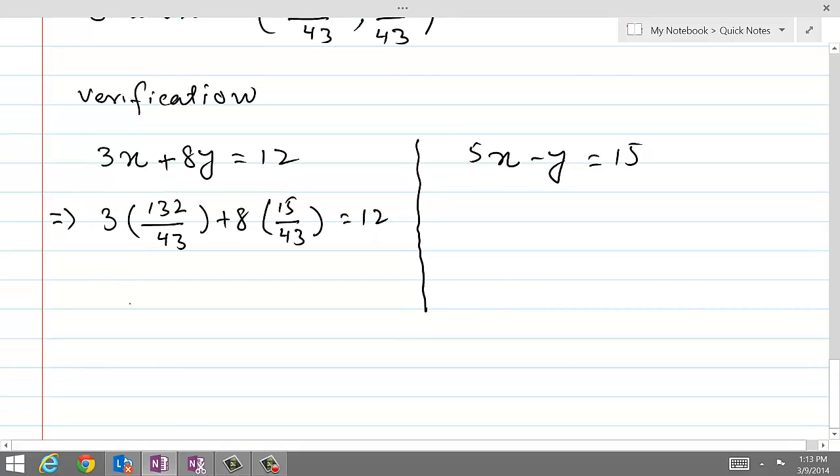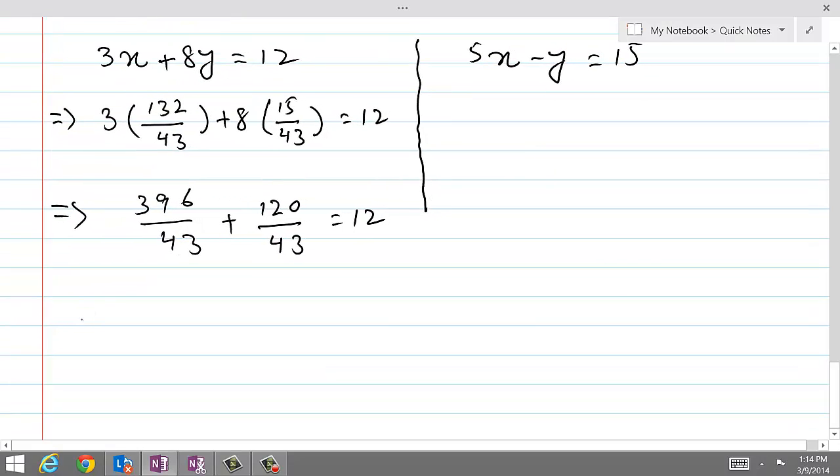This is 3 times 132, which is 396 over 43, plus 8 times 15. 8 times 15 is 120, so 120 over 43, and this must be equal to 12.